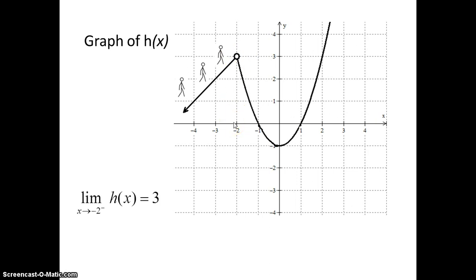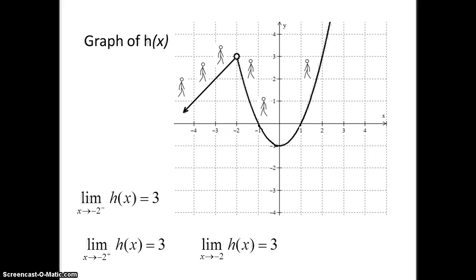From the right-handed side, I see that we are approaching the y value of 3 again as x approaches -2 from the right. So what I have here is a case where both the left-sided and right-sided limits both equal the same number. Hence, the two-sided limit as x approaches negative 2 of h of x also exists, and it exists at that same value of 3.